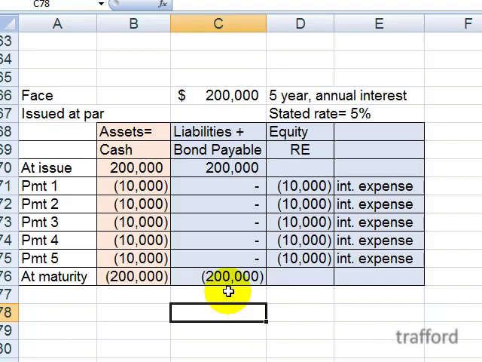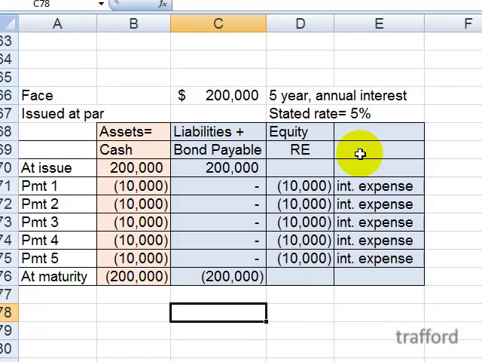Now let's take the same basic example and complicate the situation a little bit by making it more realistic. We'll have this bond being issued or sold at a point in time where the market rate of interest will not exactly equal the stated rate of interest, and in that case issuance of this bond will result in either a premium or a discount, and the accounting is complicated by how we deal with that extra amount that the corporation gets in advance, or with the amount that the corporation doesn't get from the bondholders that it eventually has to pay them back.